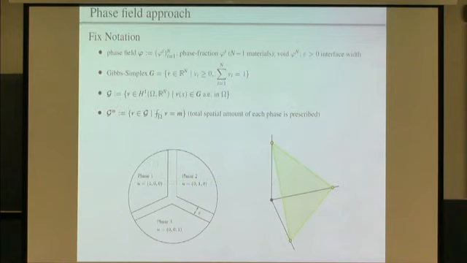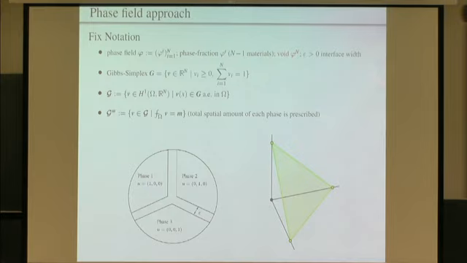So the phase field approach, as I said, is similar to the talk that Klaus gave. We've got this vector valued phase field variable phi, going from 1 to N, and this will correspond to N minus 1 materials, because phi_i for i equals 1 to N minus 1 denotes our different materials, and then the void will be denoted by phi_N.